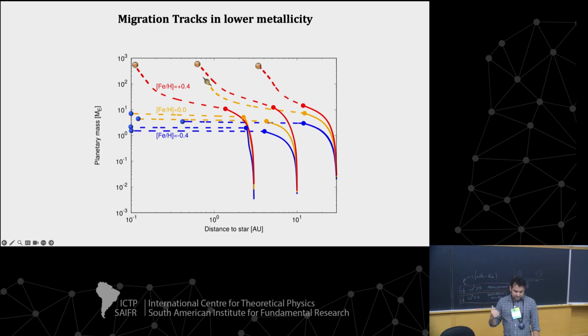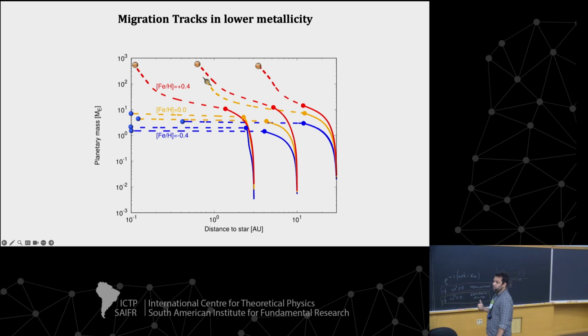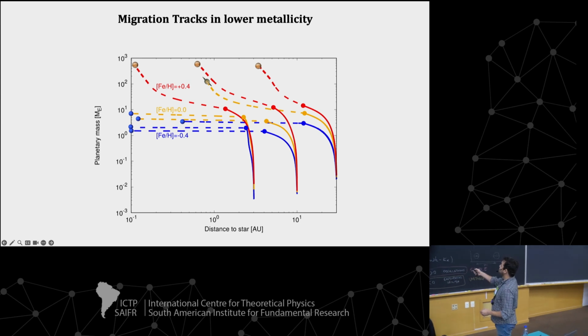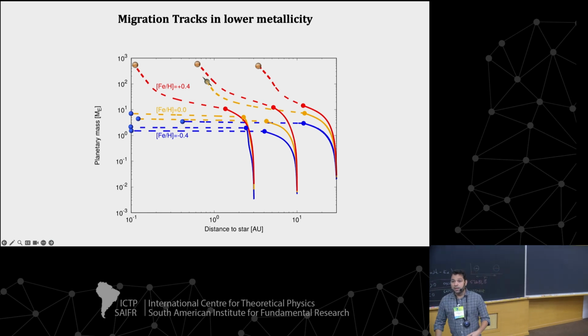The metallicity here matters because it changes the thermodynamical response of the gas, right? So you can have different tracks in different metallicities. And as you see, you don't need to change it by much, from minus 0.4 to 0.4, to change the behavior completely, right?